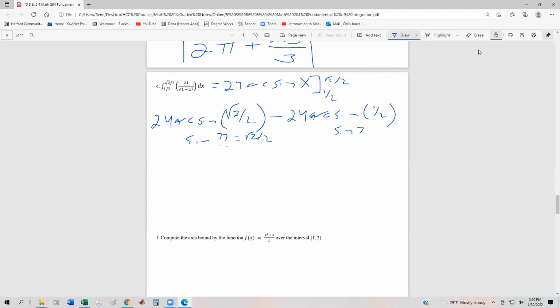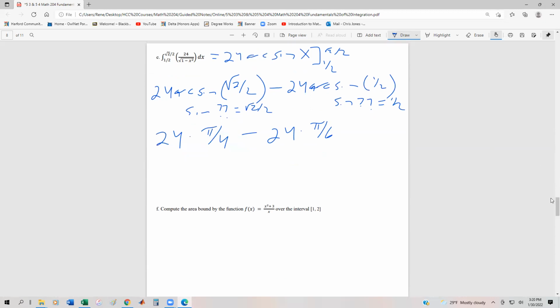And the sine of what angle is equal to 1/2? We know that the sine of pi fourths is root 2 over 2, and the sine of pi 6 gives us 1/2. Now we can simplify this. This is going to turn into 6 pi minus 4 pi, or 2 pi as an answer.